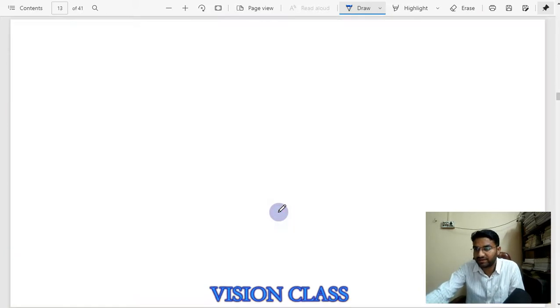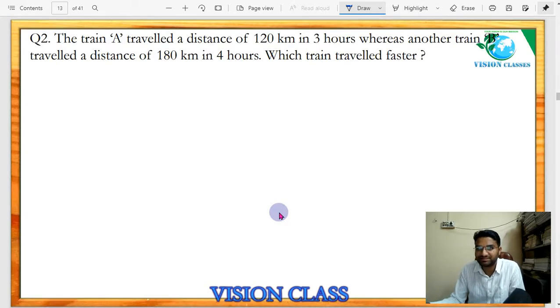Now the next example. Train A travels a distance of 120 kilometer in 3 hours, whereas another train B travels 180 kilometer in 4 hours. Which train is faster?